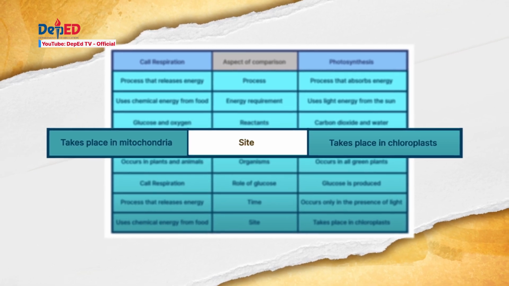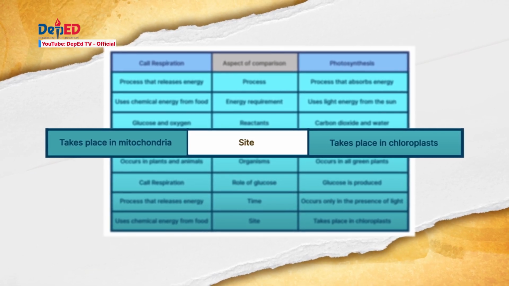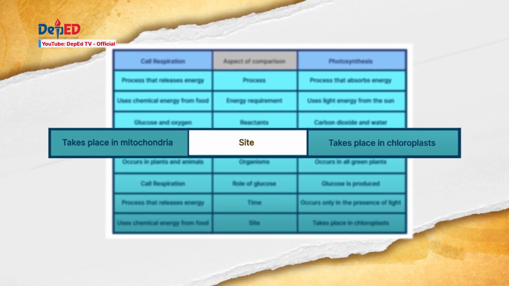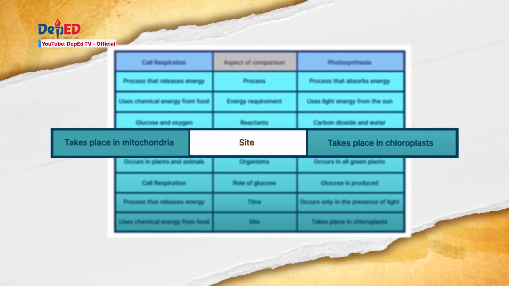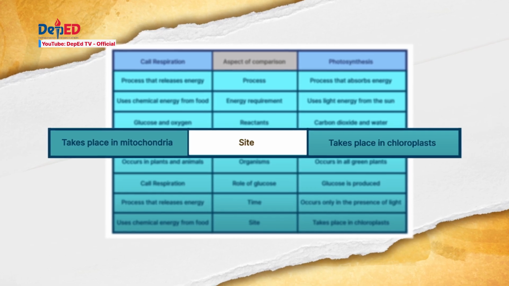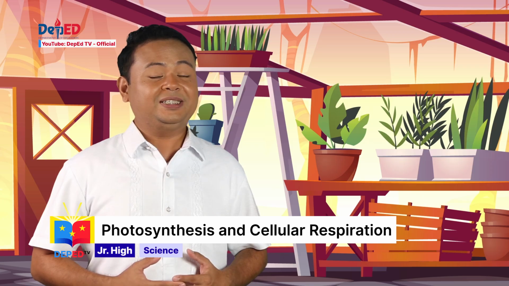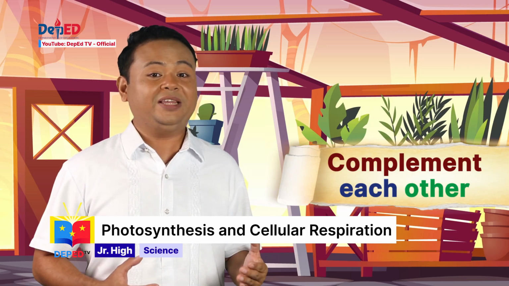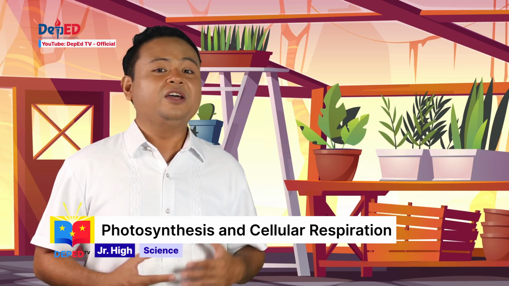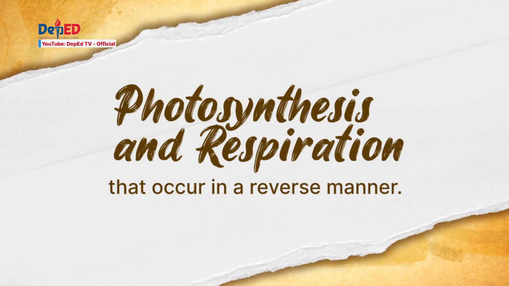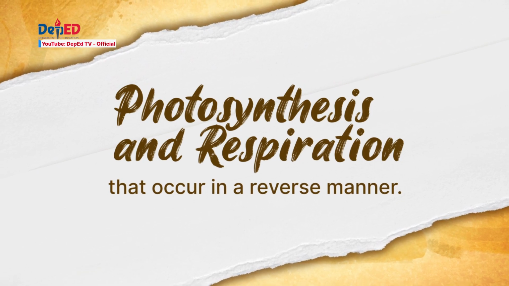And in terms of site, cellular respiration takes place in the mitochondria, while photosynthesis takes place in the chloroplasts. The two biological reactions that complement each other in the environment are photosynthesis and respiration, which occur in reverse manner.